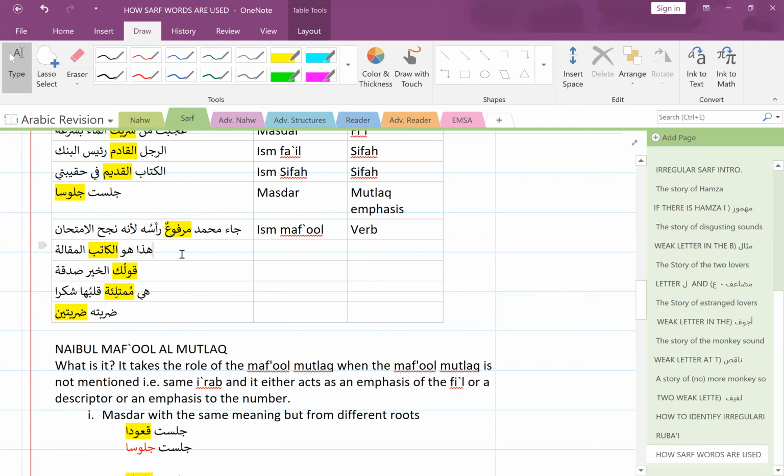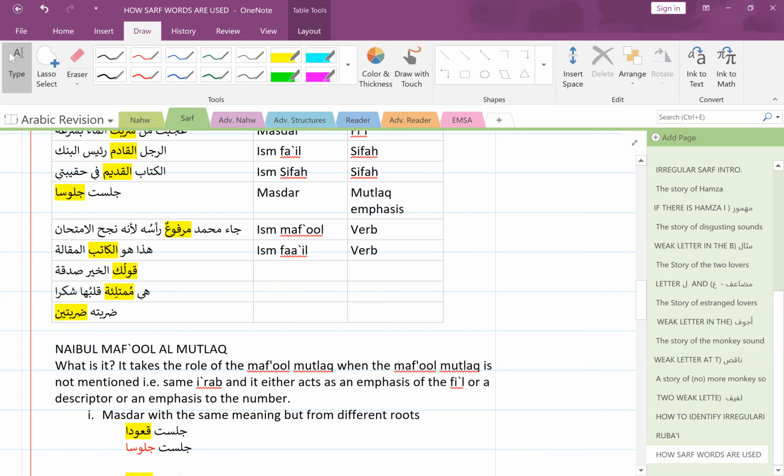هذا هو الكاتب المقالة. Yes, كاتب is an اسم فاعل. But what is it doing? Verb. Yes, it's acting as a verb. How do we know that it's acting as a verb?